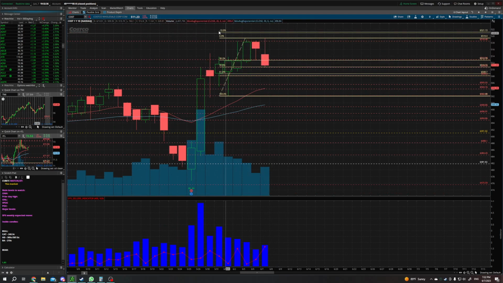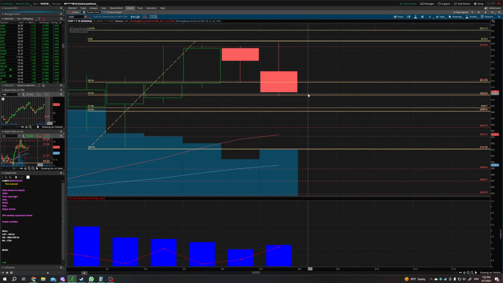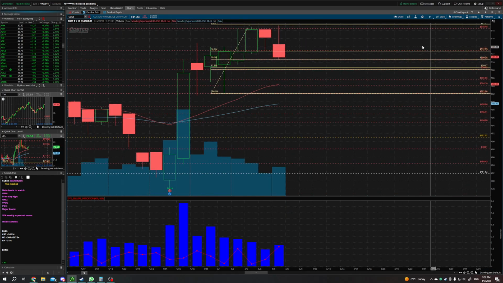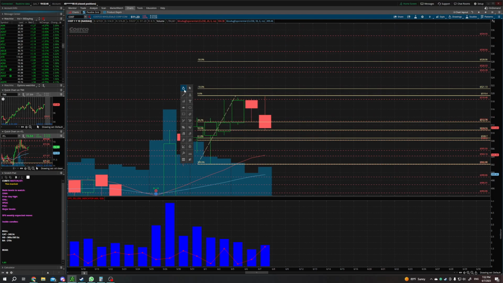If it ends up holding this level and bouncing, I would look for it to break a new high for a 10% extension, something like this, which is 521. I'd rather look for anything that looks stronger already than try to guess if this is the low.